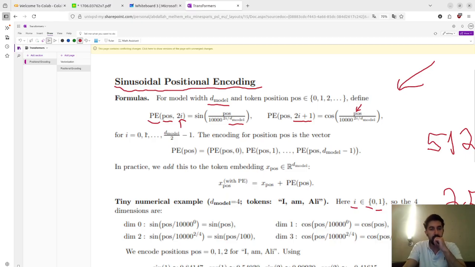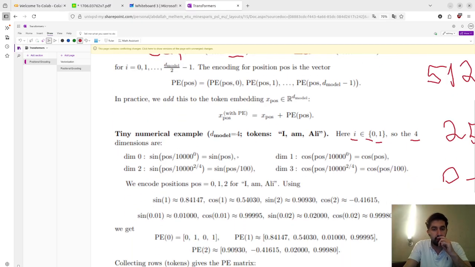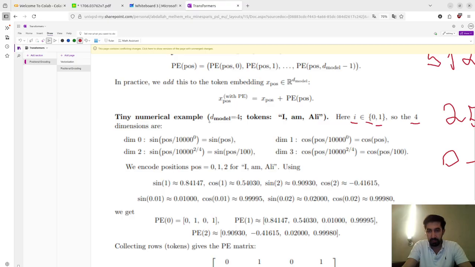Okay? Now, for example, let's take the size of every vector as 4. Again, in the original paper, it's 512. So let's say it's 4. And the same sequence, I am Ali. Here, as I just explained, because it's 4, you divide 4 by 2, you get 2. So you have two indices, 0 and 1. Okay?